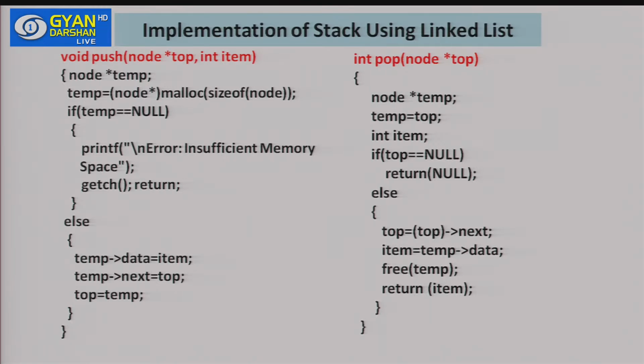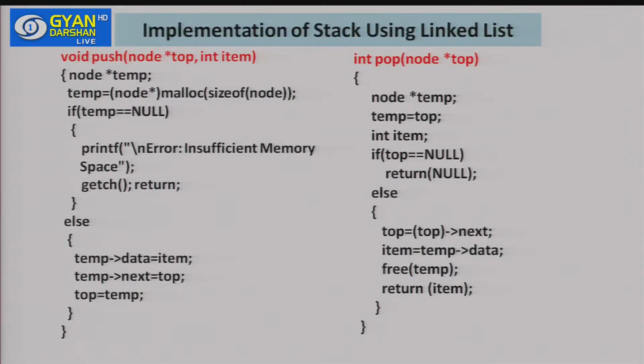That value is going to be returned, and because that is an integer type item, here int pop is written. Thereafter the one argument is there, node star top. It means we are passing the address of the top element of the stack into the function.